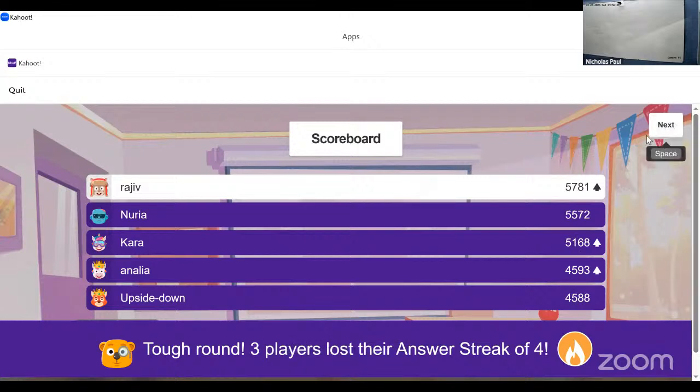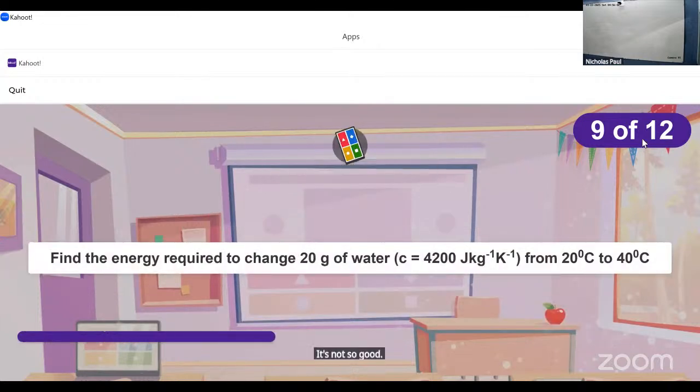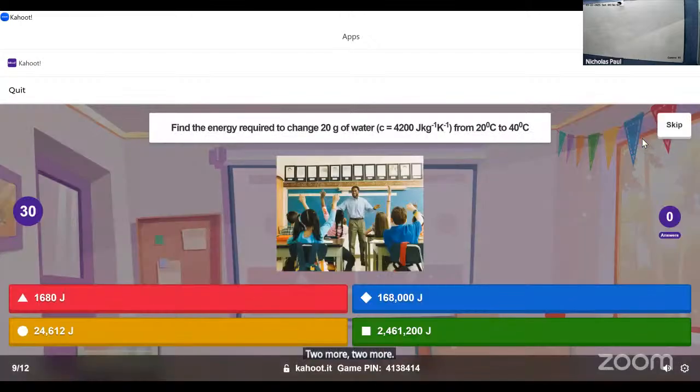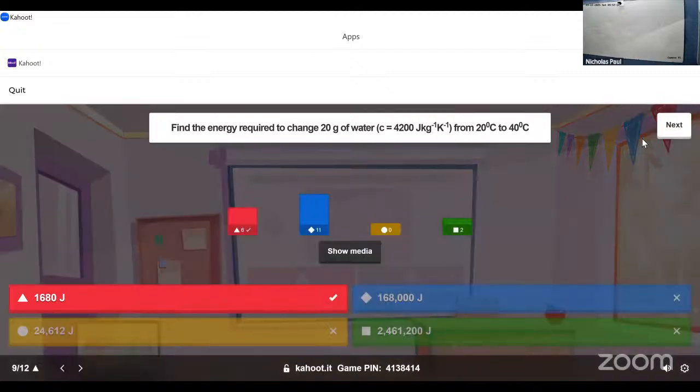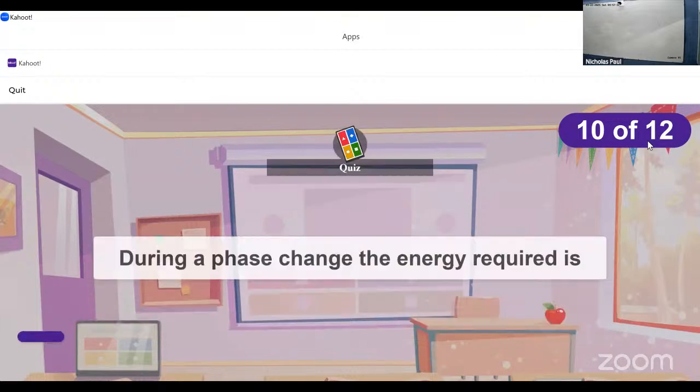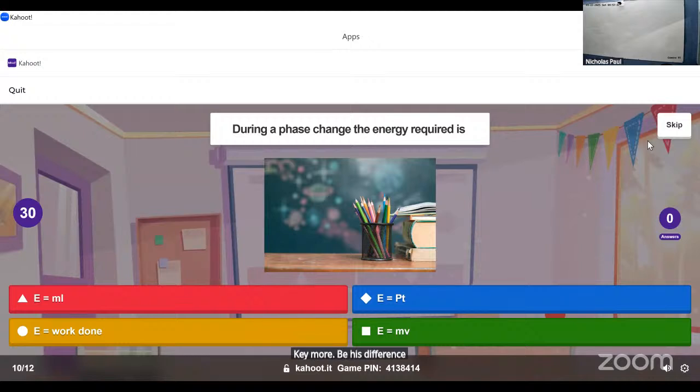Three more. You need a calculator. Three more. Phase difference. You must get this one right. Phase difference.